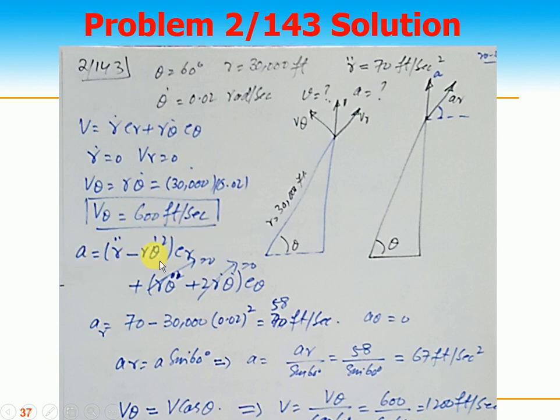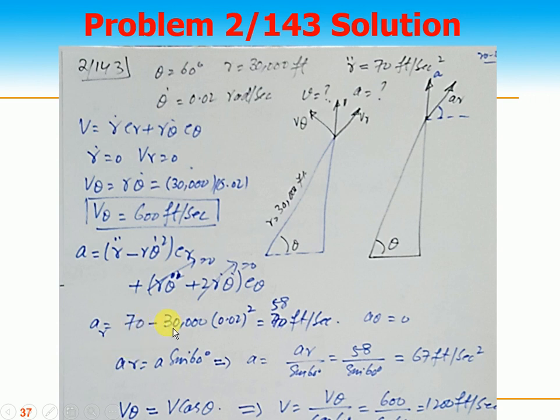Similarly, r double dot minus r theta dot square er plus r theta double dot plus 2 r dot theta dot e theta. So theta double dot is 0, r dot is 0, this component goes to 0. So therefore I have only the radial acceleration.